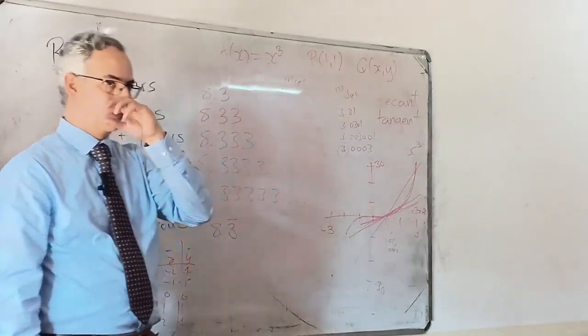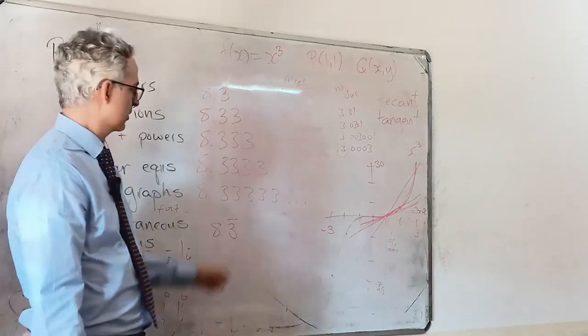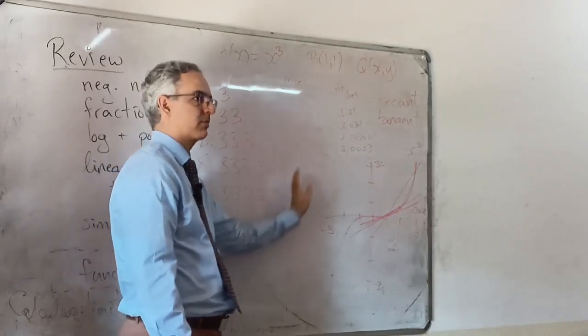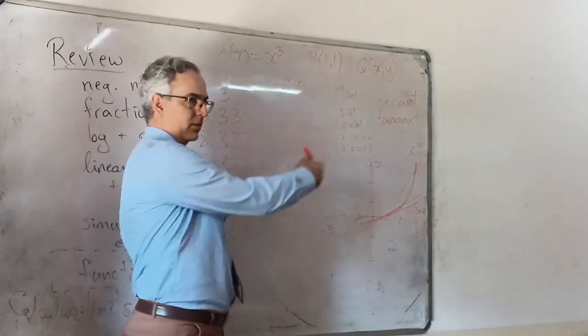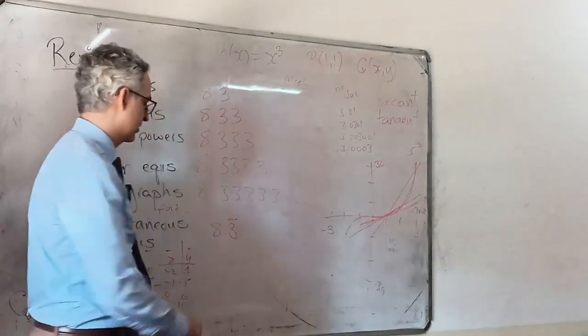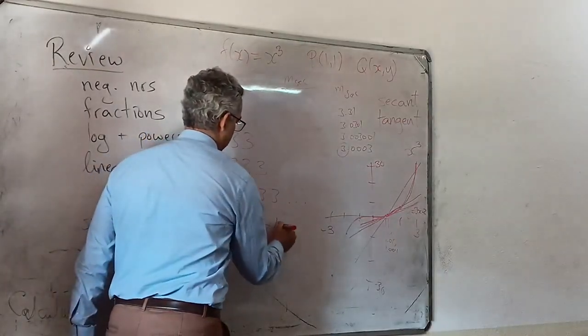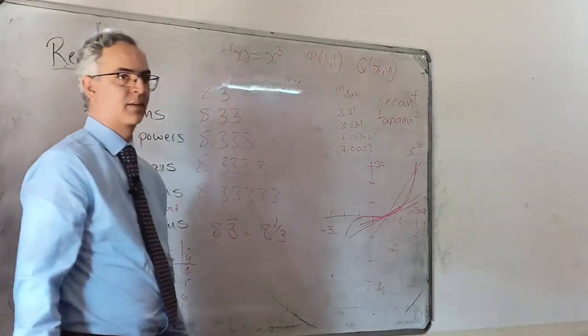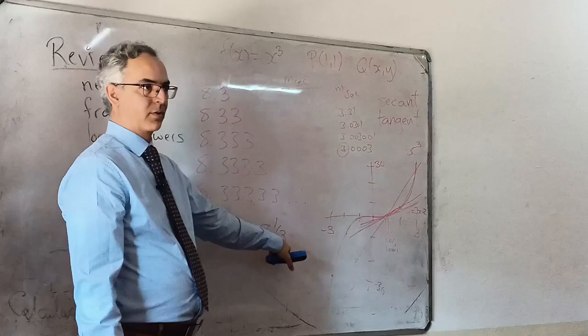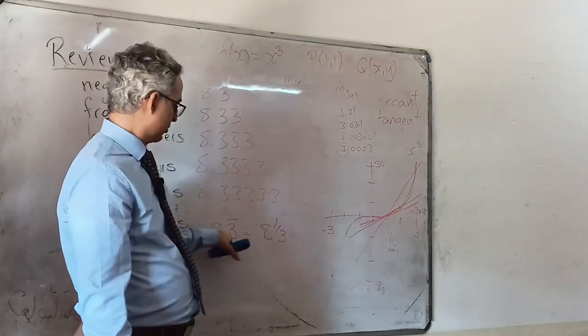So just keep adding another 3, another 3, another 3. They get longer, but they always have the limit. The limit is 8 and a third. If you try to write a third in decimals, it's 0.3 repeating forever.